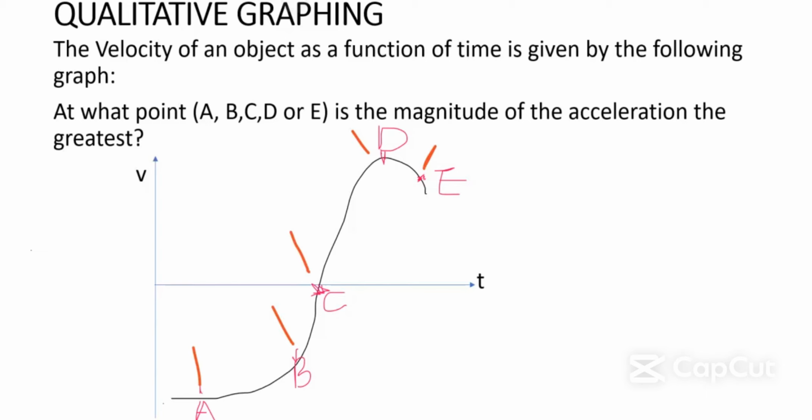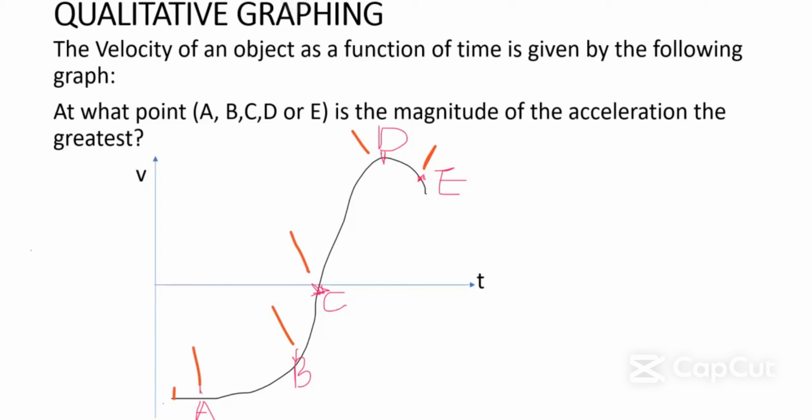Now let's analyze this. Let's look at A. A starts at this point and it's just the beginning, so it's just moving on, right? It started at this point here, then moved to this part. So I will not say A has accelerated so much. Then let's look at B. From A, it moves up to B. So there's a little change in the velocity.